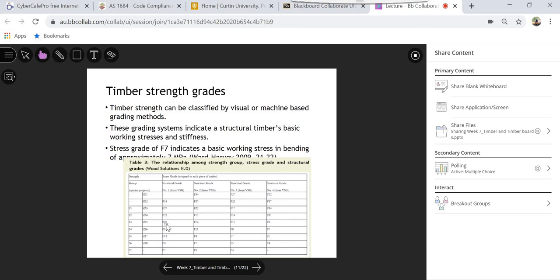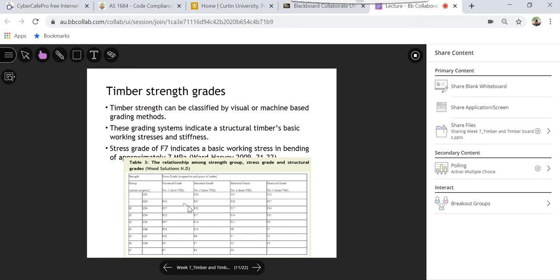F17 means the basic working stress under bending is 17 megapascal. You should be familiar with megapascal by now because in concrete and steel reinforcement we discuss strength in megapascal. Likewise in timber we determine working stress in megapascal, but in this case we have a different system.